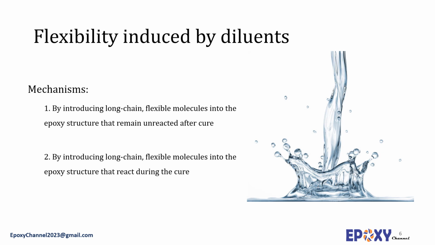The first mechanism consists of non-reactive diluents, and they may be considered mainly as plasticizers. Non-reactive diluents result in an overall degradation of the physical properties. The second category consists of reactive diluents, and they can be considered as true flexibilizers. The reactive diluents are generally preferred for structural applications because they do not degrade properties.